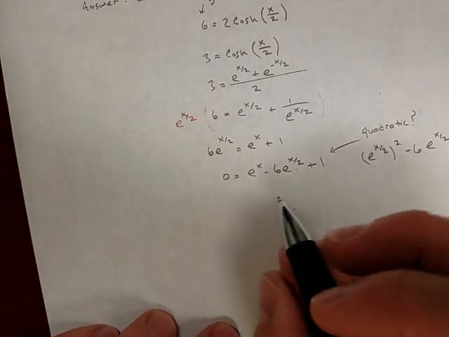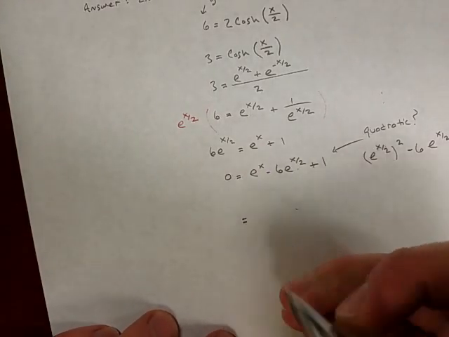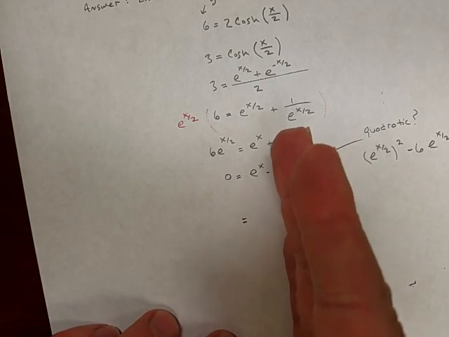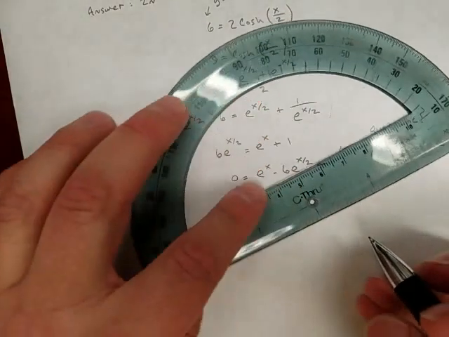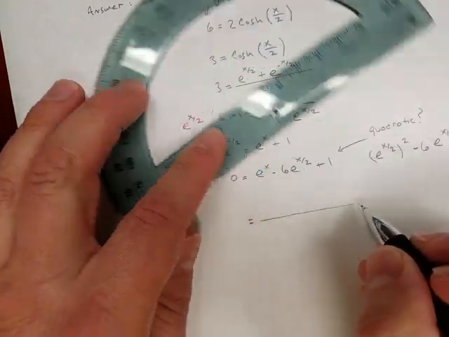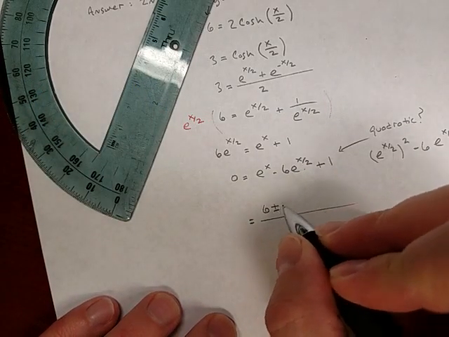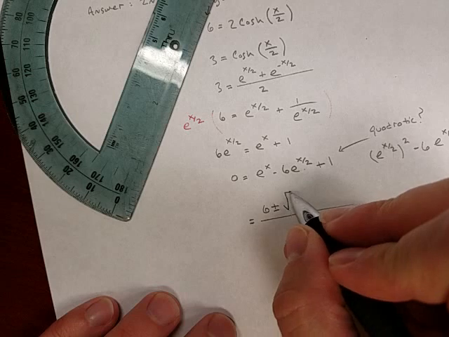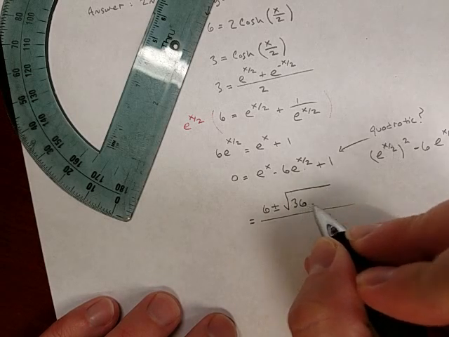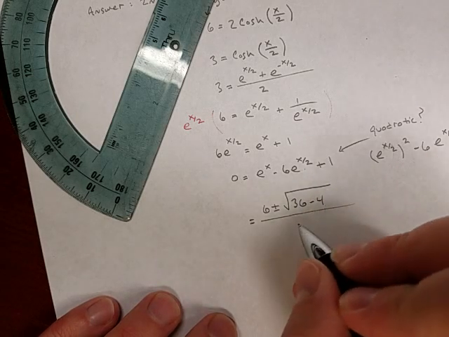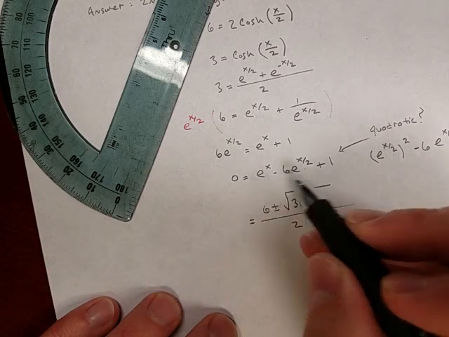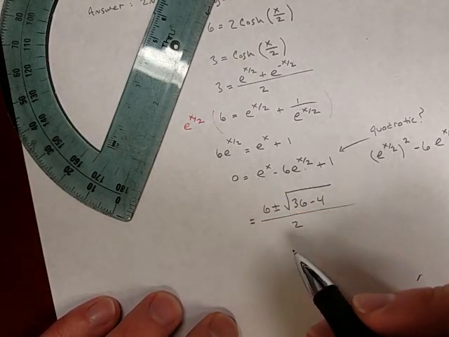So about the answer, what I put on this side of the equation won't surprise you. I'll do what the quadratic formula says: negative b, or the opposite of the b, plus or minus the square root of b squared minus 4 times 1 over 2 times 1.